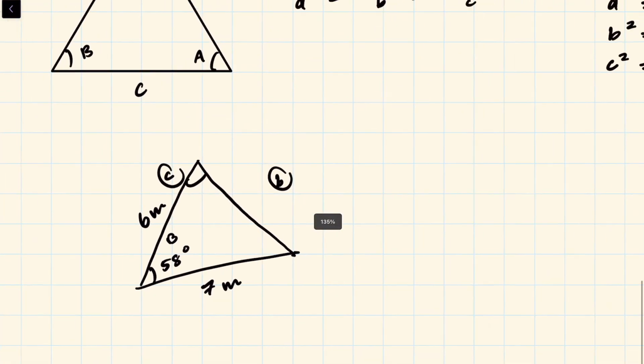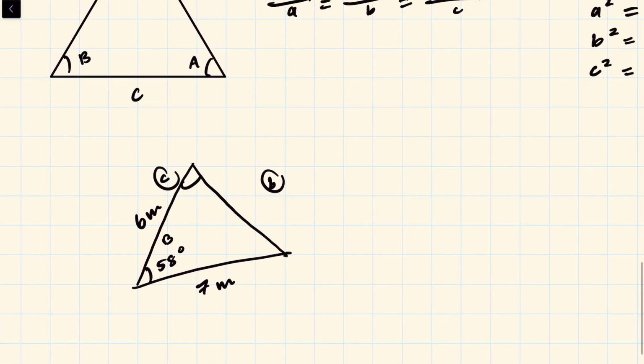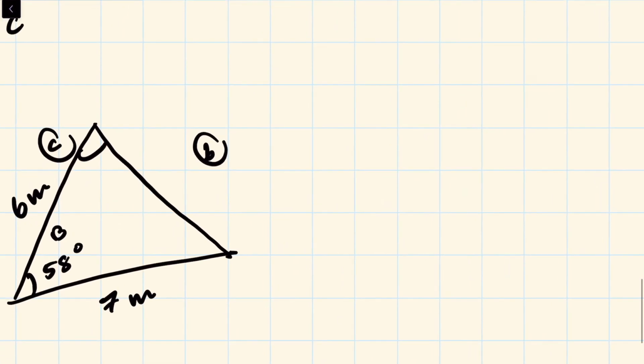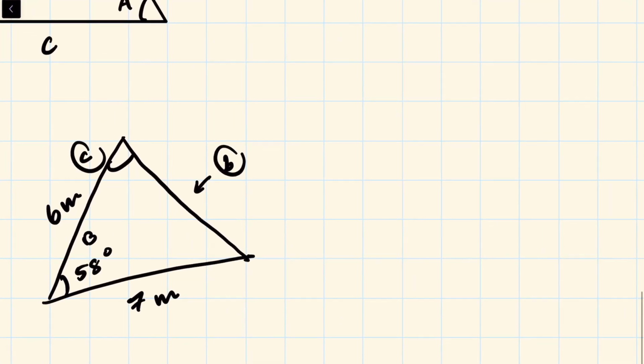Okay, so here's an example of a triangle that is not a right triangle. And we're going to try and solve for the side b here. So you have two sides and a contained angle, which means you're going to be using the cosine law. That's just what it means.